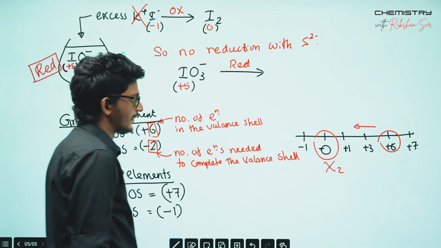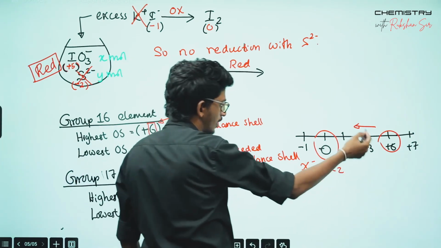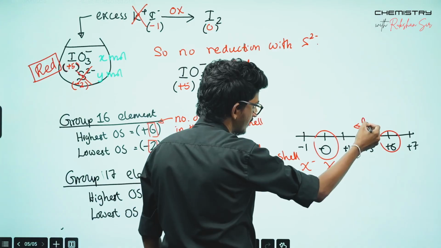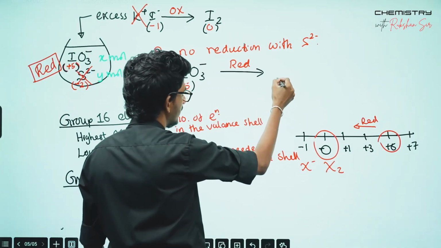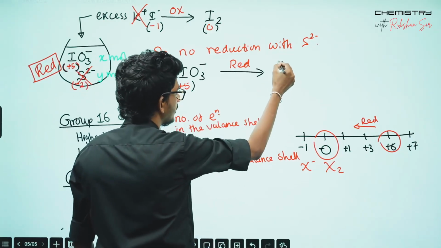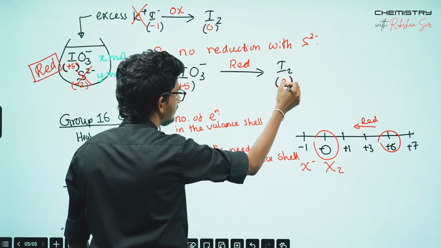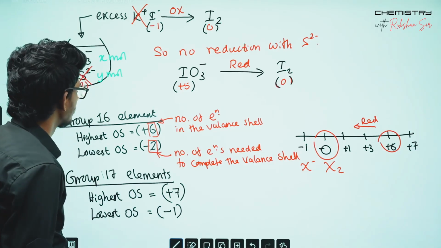So just write the X2 form there, that is actually I2. That is the reduction possible there.